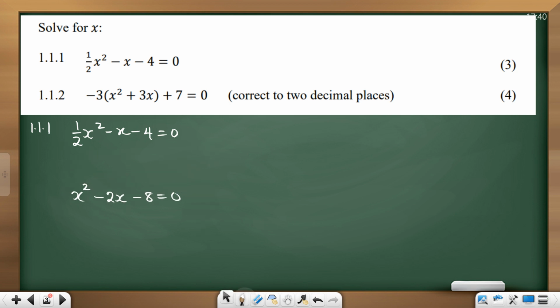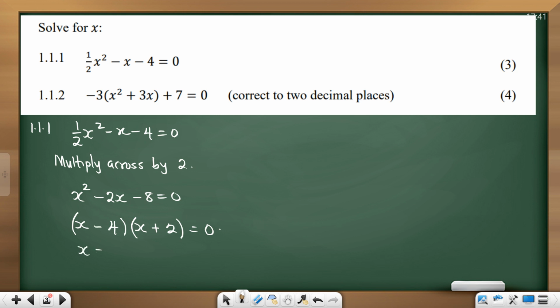Get rid of the denominator. Multiply across by the LCD. This time around, my LCD is 2. And instantly, I can open 2 brackets looking for factors. Factors of 8 will be 4 and 2. But I want to get a negative 2. So it has to be 2 minus 4.